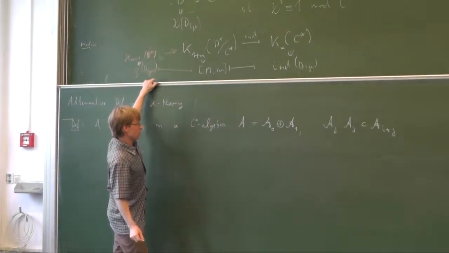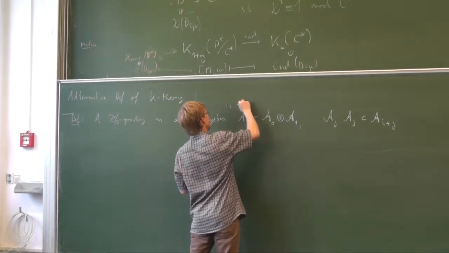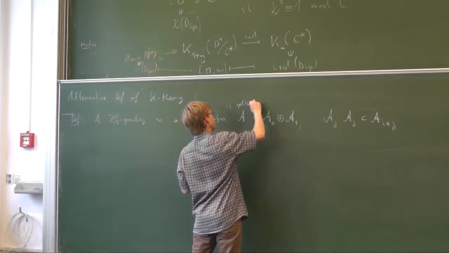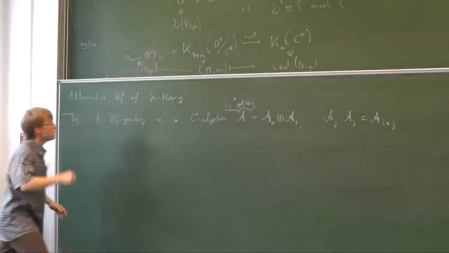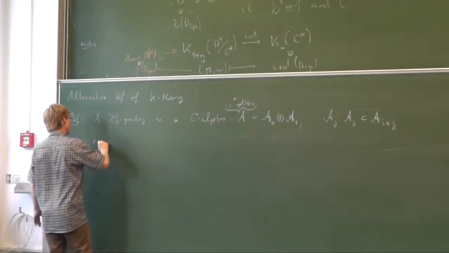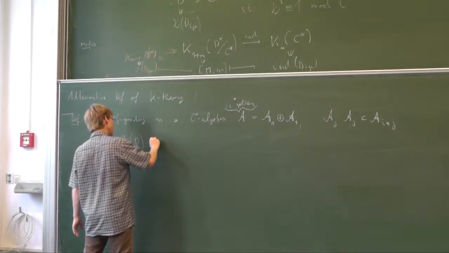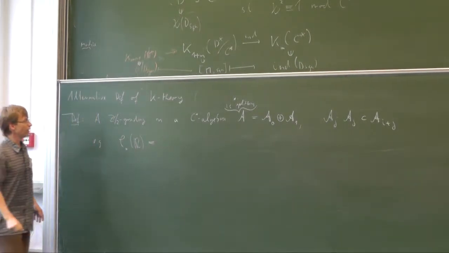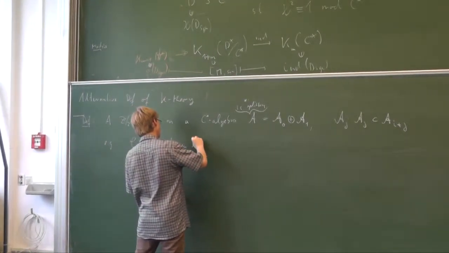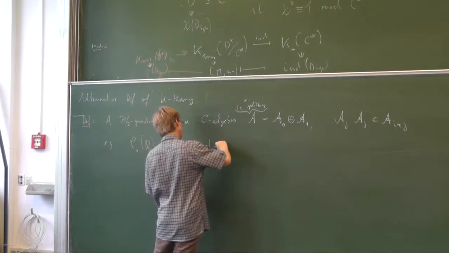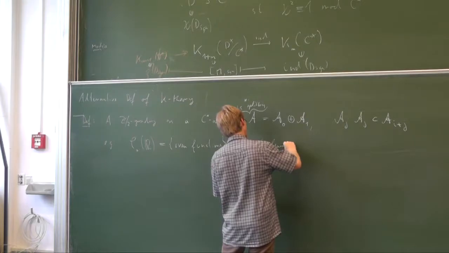Okay. One example: C0 of the reals is C2 graded by the direct sum of even functions and odd functions.